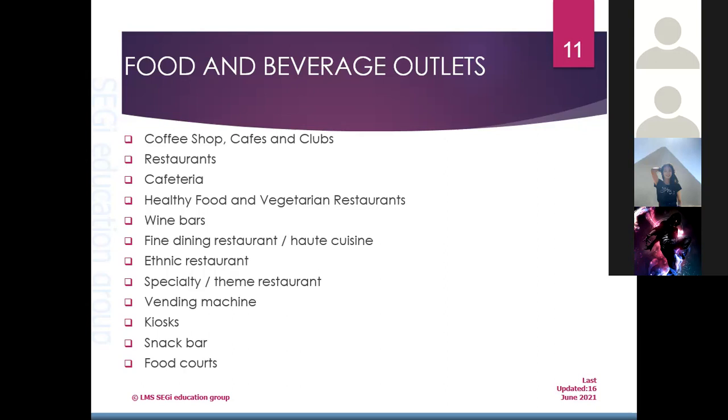Some of the things that we discussed yesterday was that there is a food and beverage outlet we call a fast food restaurant. Some others we call a cafe. Some others we call a cafeteria. Some others we call food courts. Every single one of those types is special and has its own character.